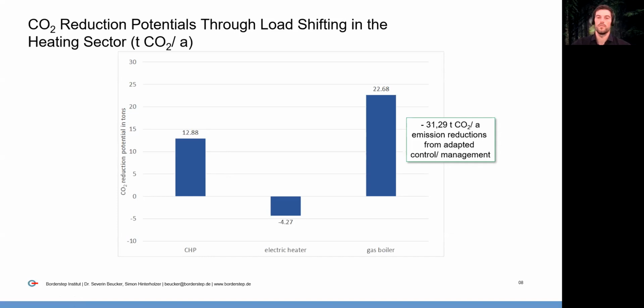So that additional CO2 emissions enable the savings of these appliances in total, coming out to about 30 tons of CO2 per year.